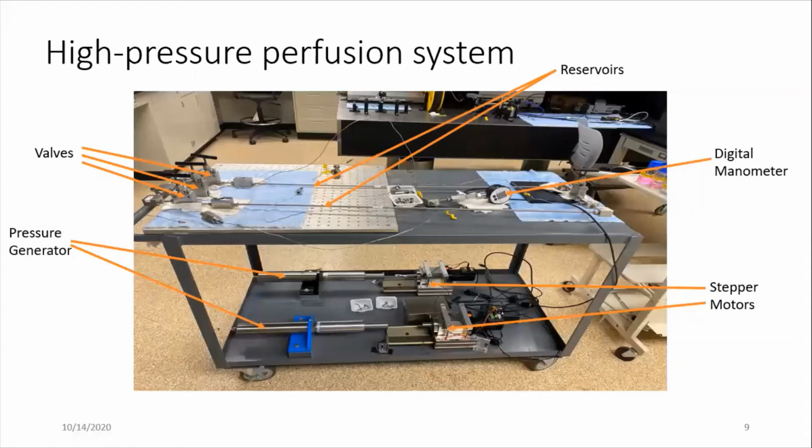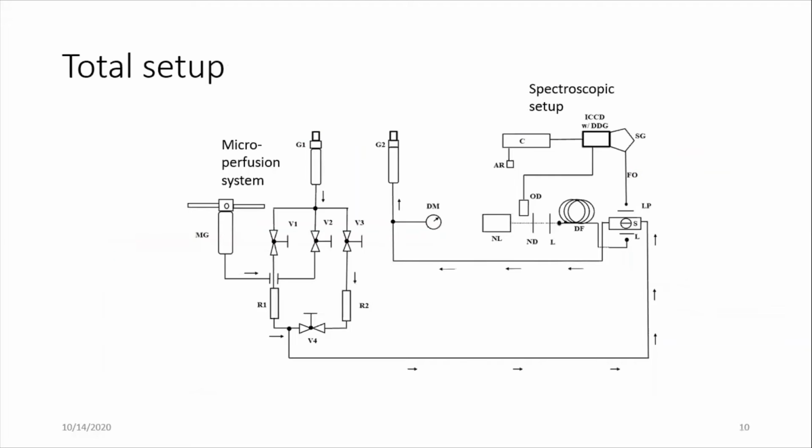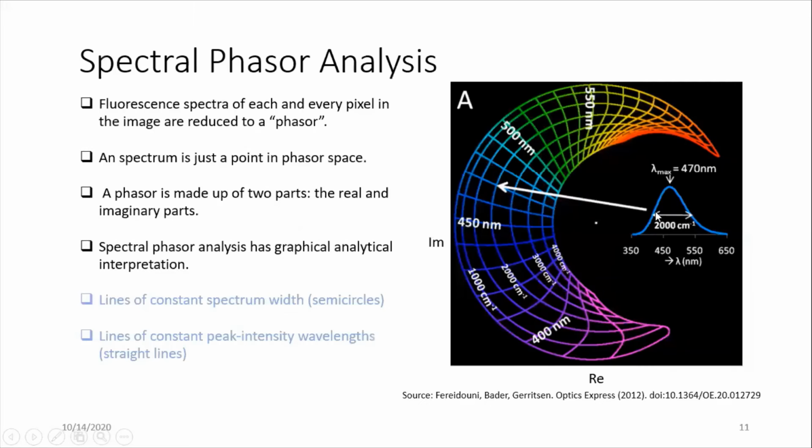In reality, the high pressure perfusion system looks something like this. In total, the high pressure perfusion system, also called the microperfusion system, works in conjunction with the spectroscopic setup for our experiment.